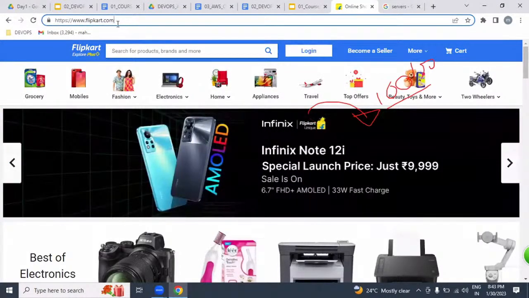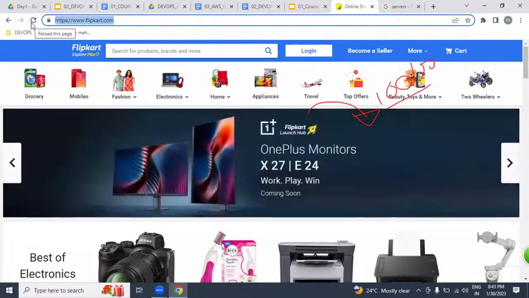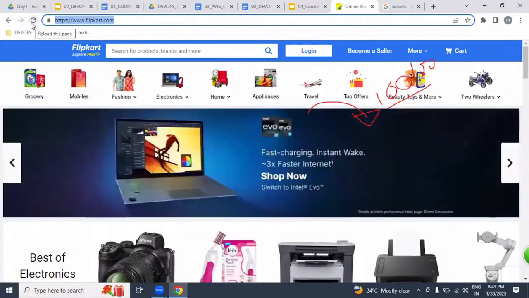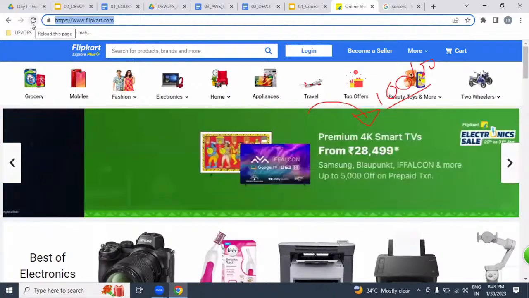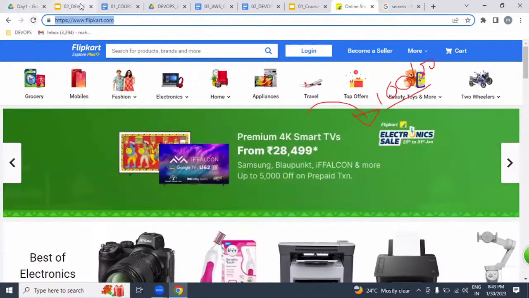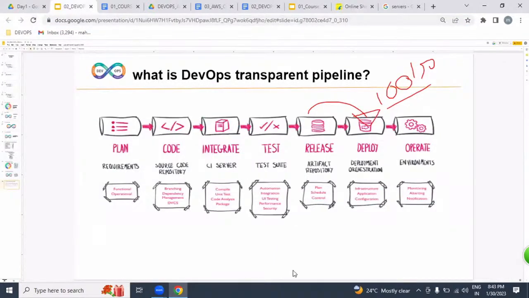What have we discussed? Client-server communication. What is client-server communication? We place our application, meaning websites, on a server. After placing our application throughout the globe over the internet, n number of clients can access it.